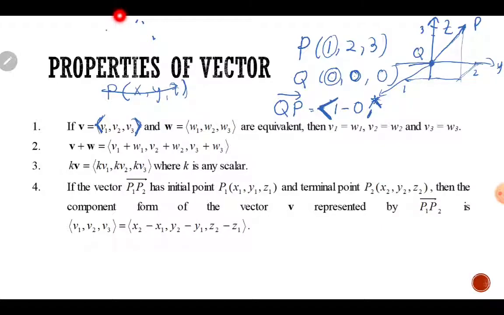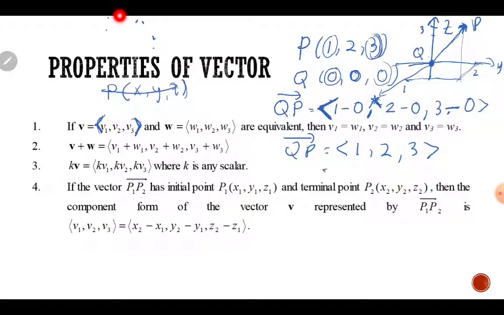Dia punya terminal point tolak the origin point. So 2 tolak 0. And then 3 tolak 0. This is what we call as terminal point. This is the initial point. So the vector QP kita adalah 1, 2, 3.